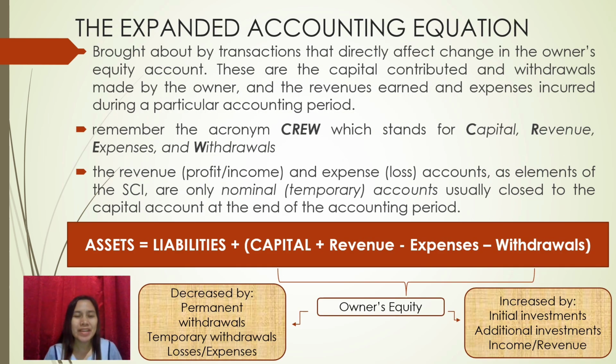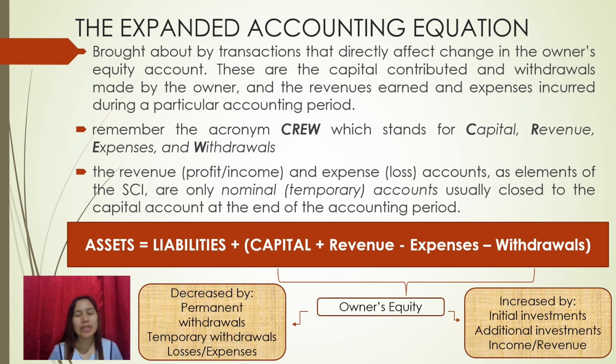So you are already familiar with the basic accounting equation, assets is equal to liabilities plus capital. Now we'll proceed with the expanded accounting equation. This accounting equation focuses on the elements which directly affect the owner's equity account. These are the capital, the revenues, expenses, and withdrawals, or the acronym CREW.